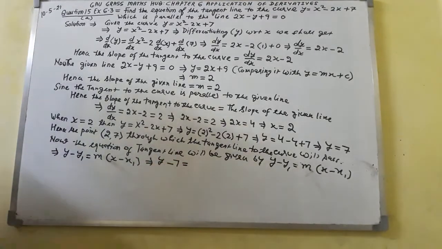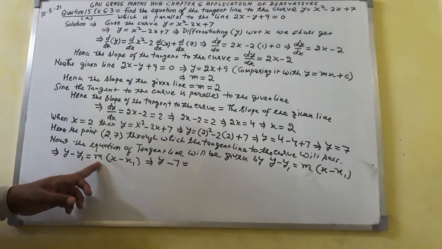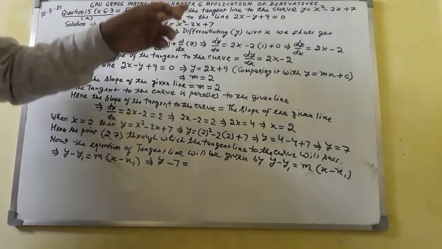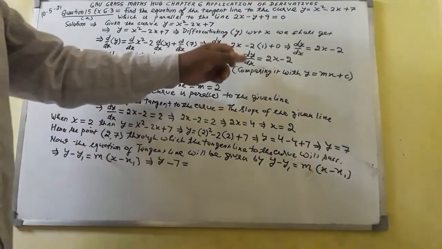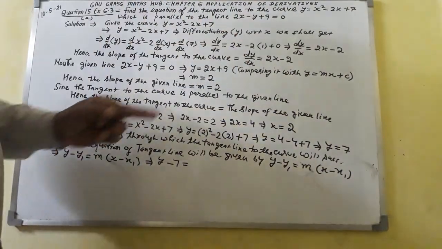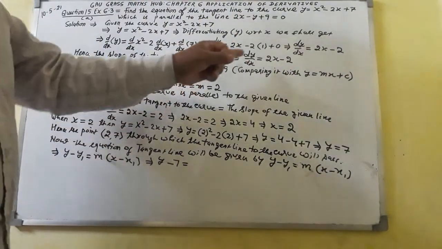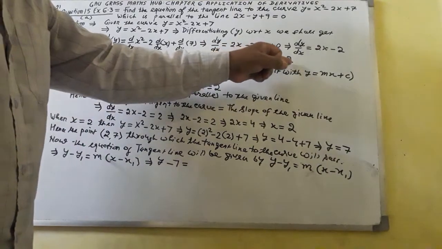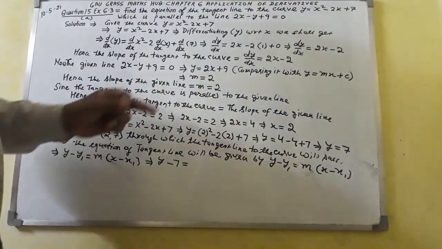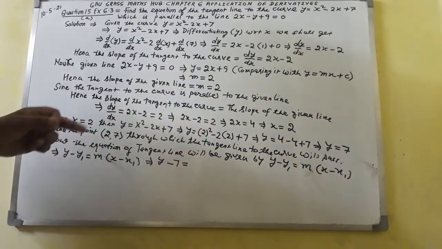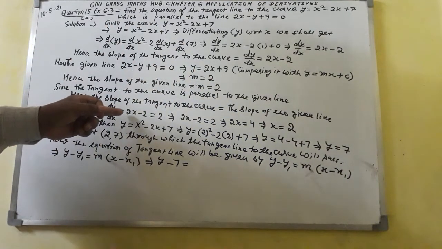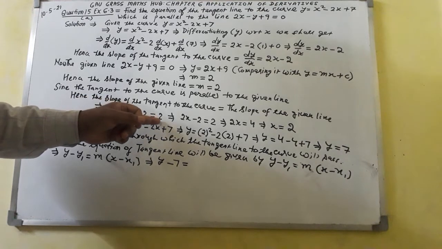equal to. Now come up to m. So here you can see the slope of the tangent line to the curve we have got dy over dx equal to 2x minus 2 equal to m. Here you can see dy over dx equal to 2x minus 2 equal to 2.